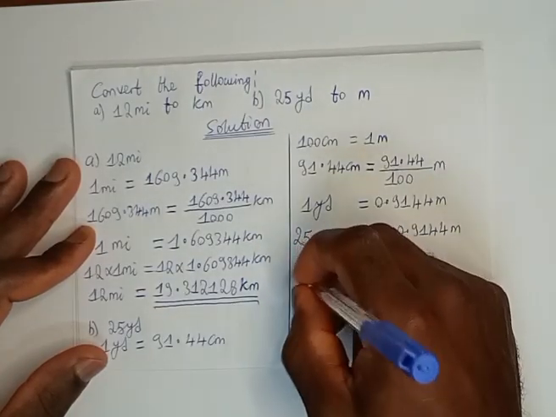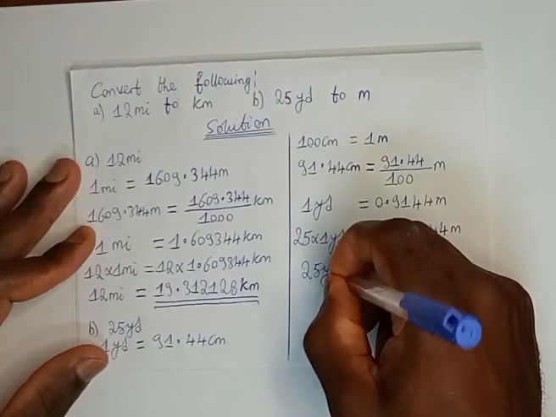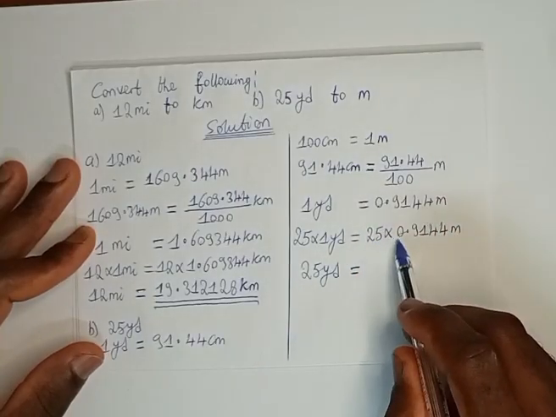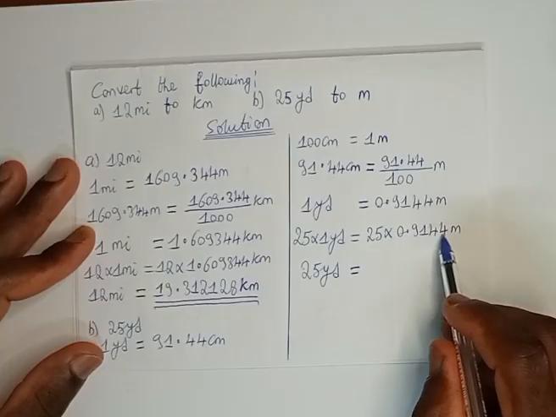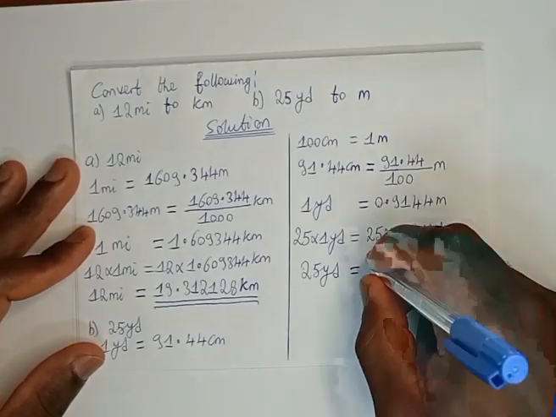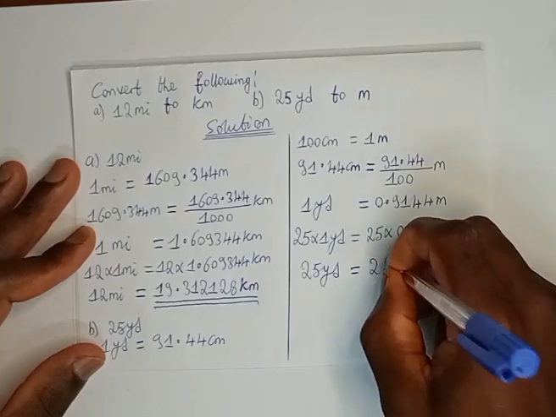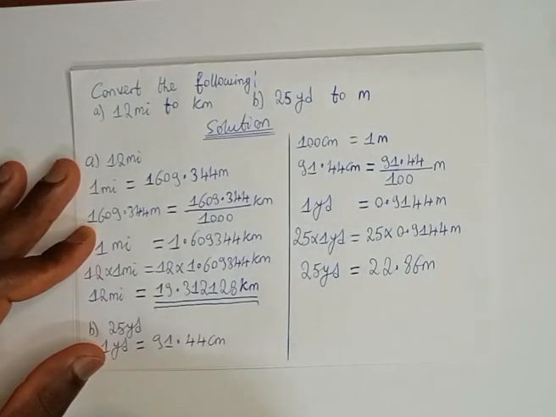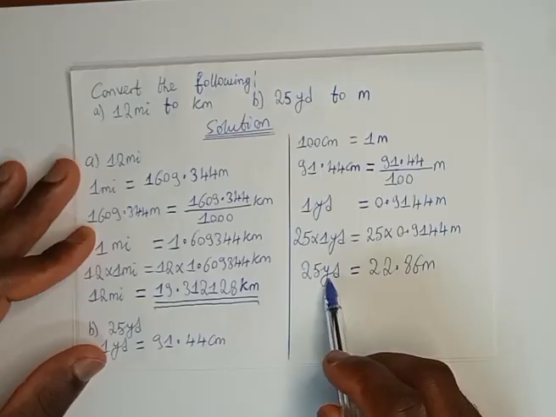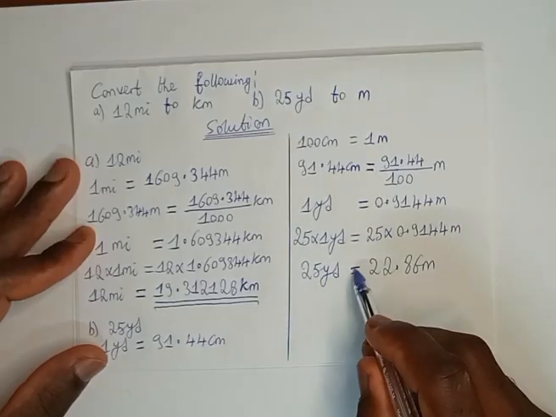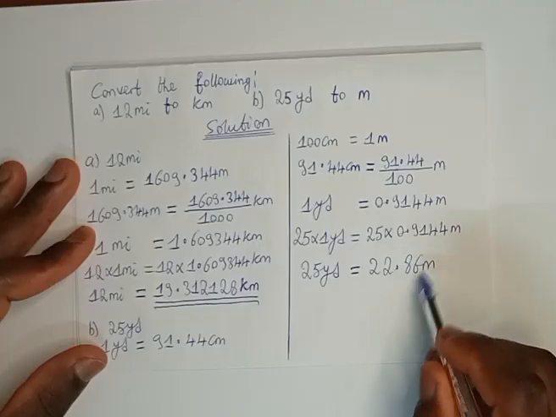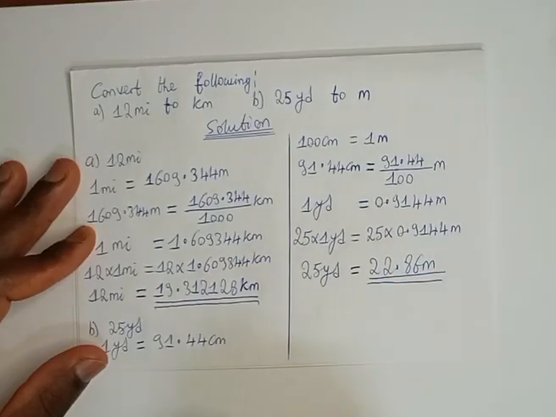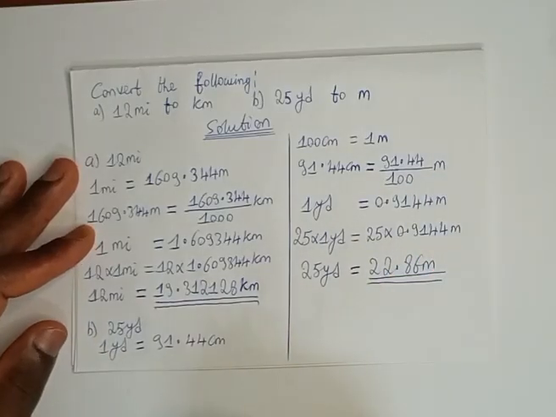This will give us 25 yards to be equal to, we take 25 times 0.9144 meters, and this will be 22.86 meters. Therefore, 25 yards in meters is simply equal to 22.86 meters. We underline the answer. We are done with the solution of this question.